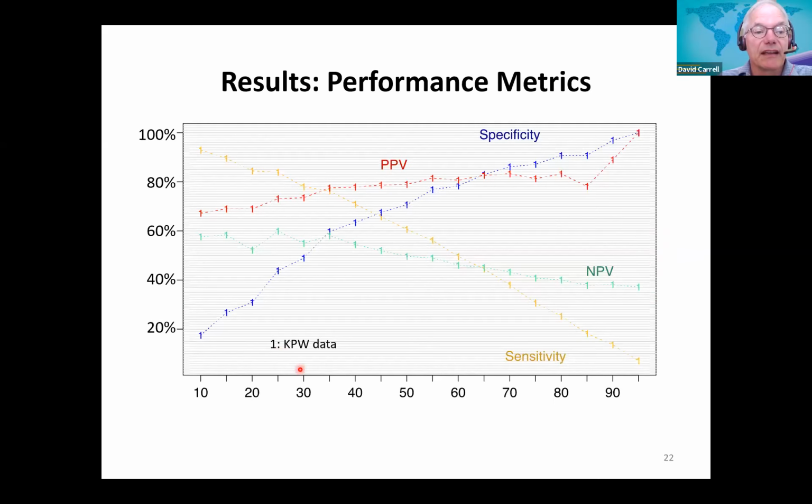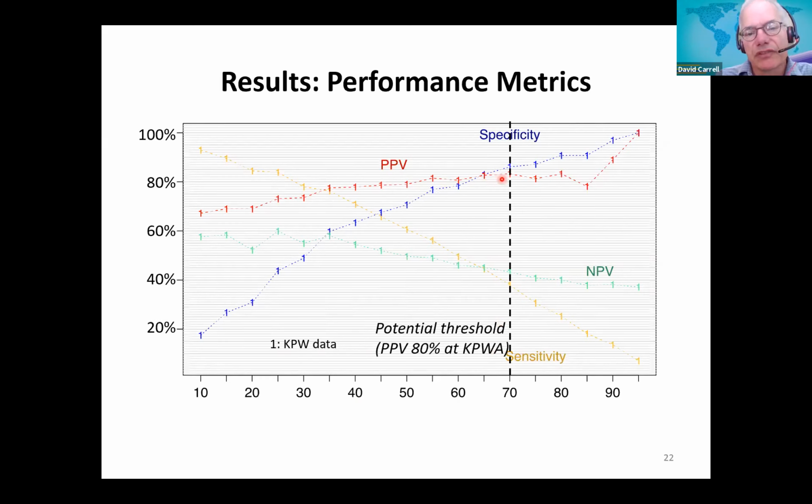Here we see, for the Kaiser Washington data, the risk scores across the horizontal axis. And we see that if we were to use a threshold where we would achieve 80% PPV, which is often a desirable level, we would get rather low sensitivity, the yellow line here.